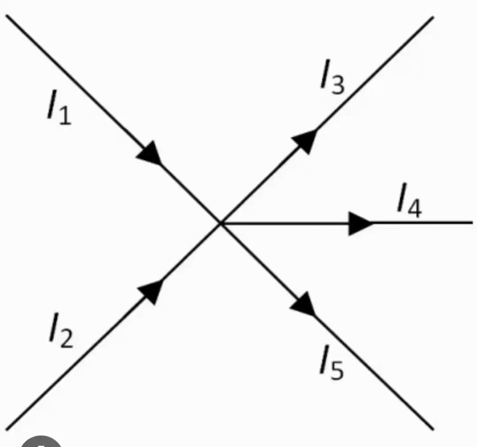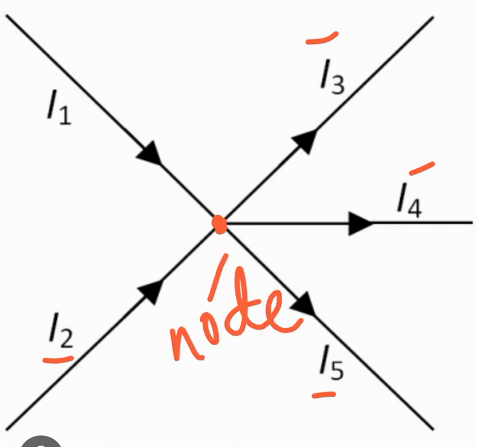Okay, so we are given this circuit and we are asked how to apply Kirchhoff's current law to this circuit. You see there are currents indicated by I1, I2, I3, I4, I5, and this point is called a node or junction.